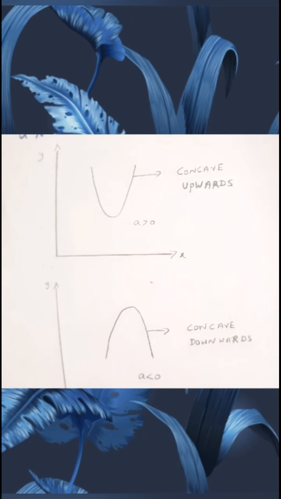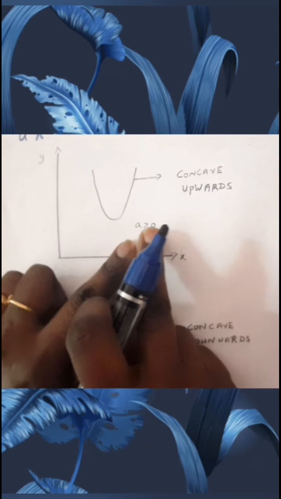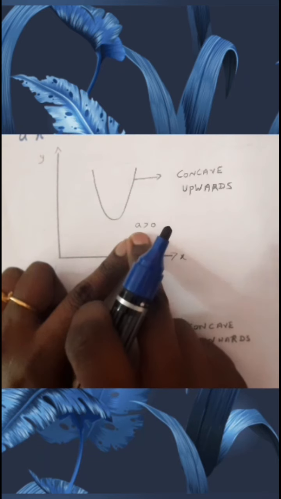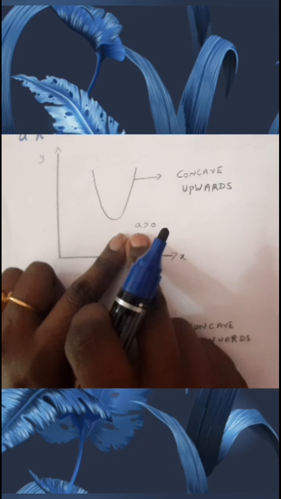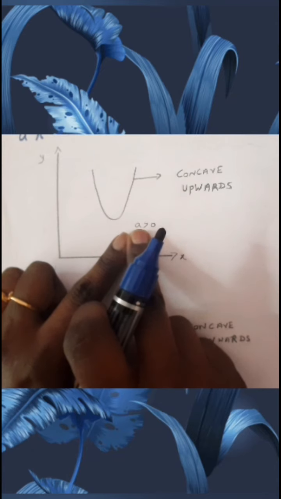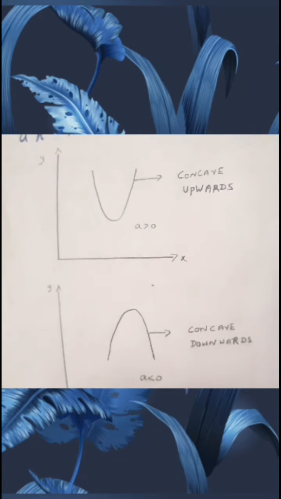In today's class, if the value of a is greater than 0, which means if the coefficient of x square, we know a is nothing but the coefficient of x square, is positive, the graph you are going to get is concave upward.